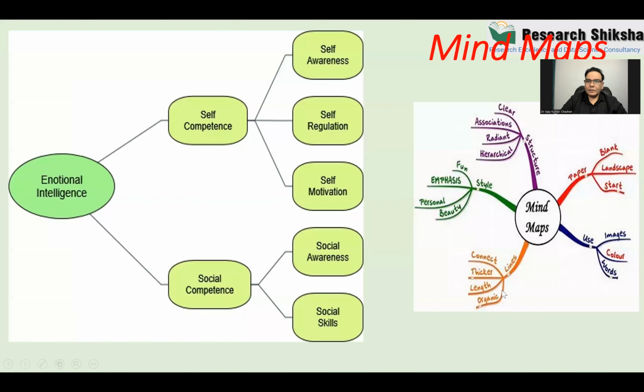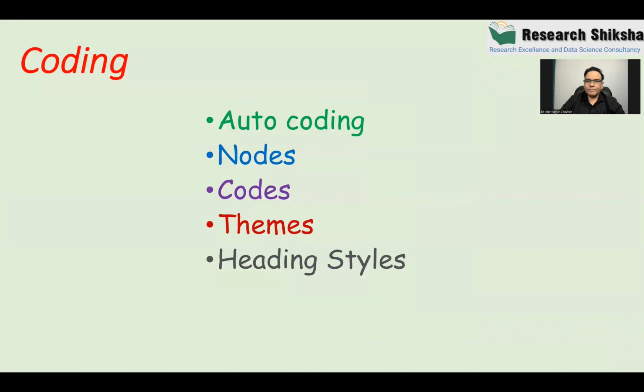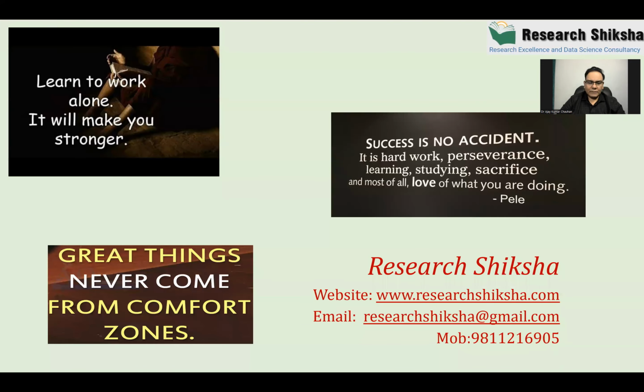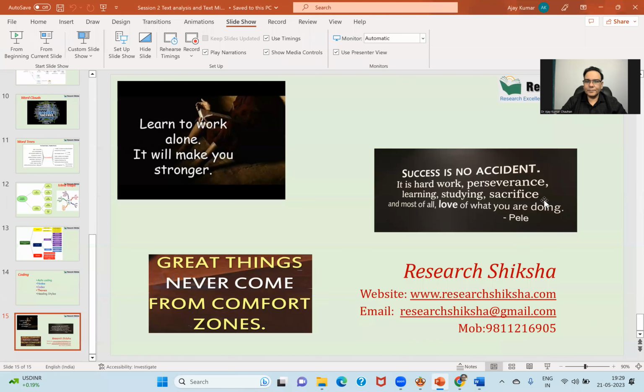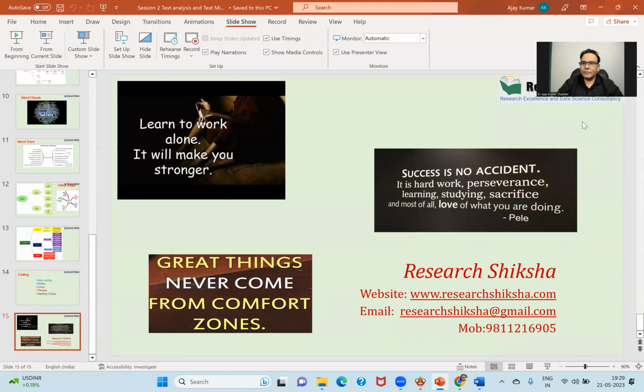And then this is a mind map which we can do in NVivo. Okay. So after learning the basic things about text mining, the rest of the work I will do in Orange software, and I hope you will like it.